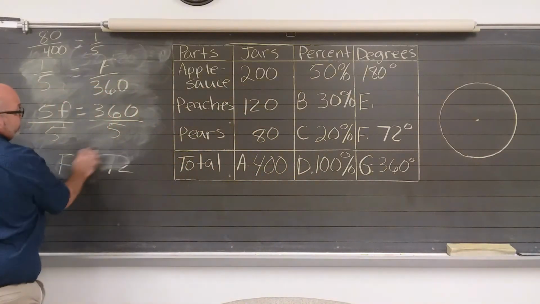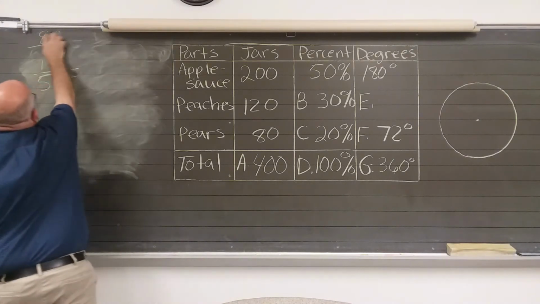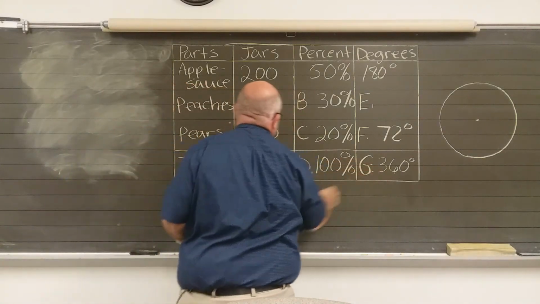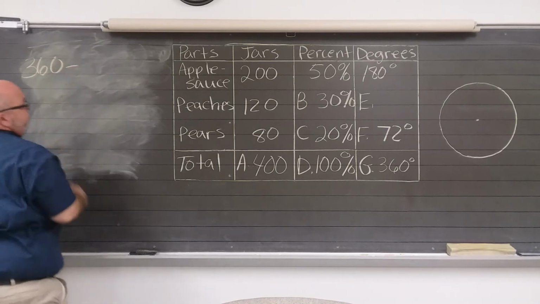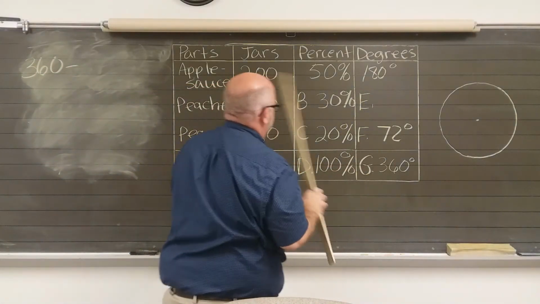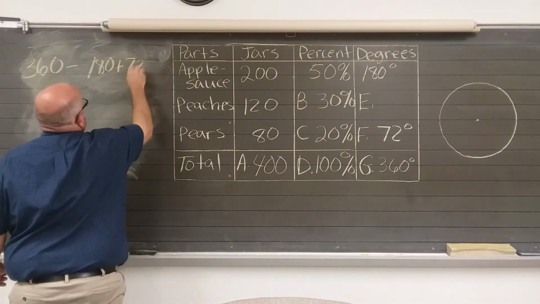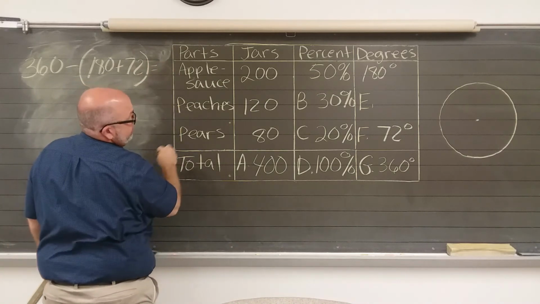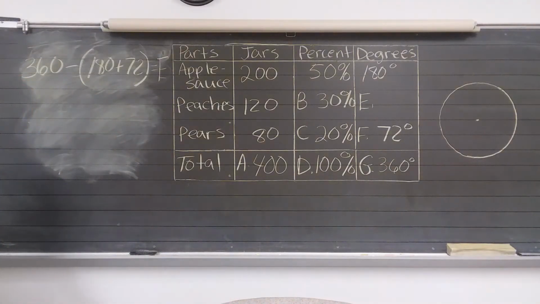And to find E, you do the same thing that you did to find B. It will be the total degrees in a circle, 360, minus 180 plus 72. 180 plus 72 in parentheses, and that will equal E. All right, what is 180 plus 72?